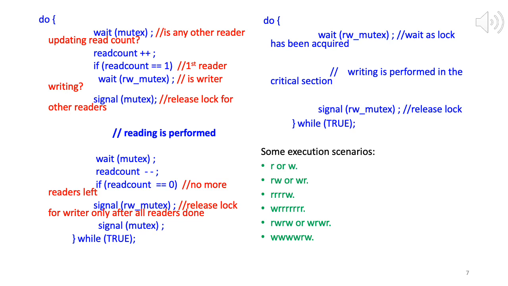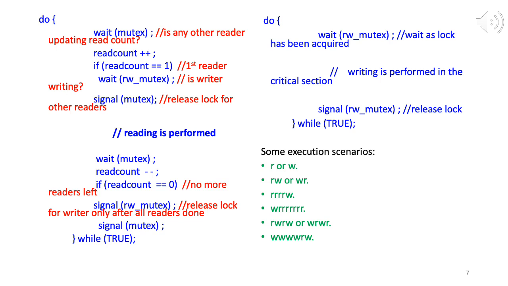And now when the first writer releases it, then you can make a call as to which one you are going to give it to. So as such, it may be a good idea to give it to the reader.